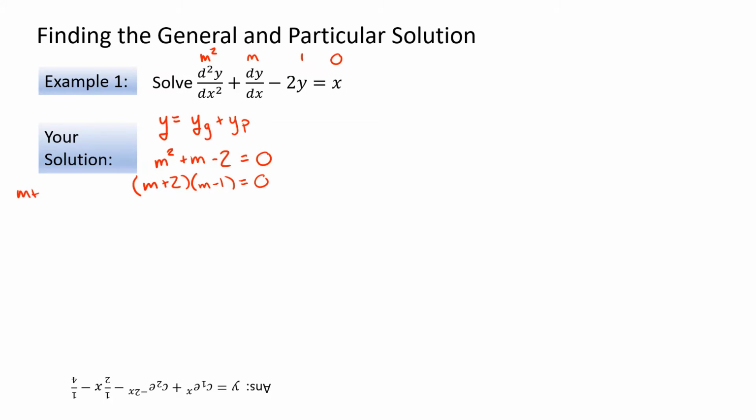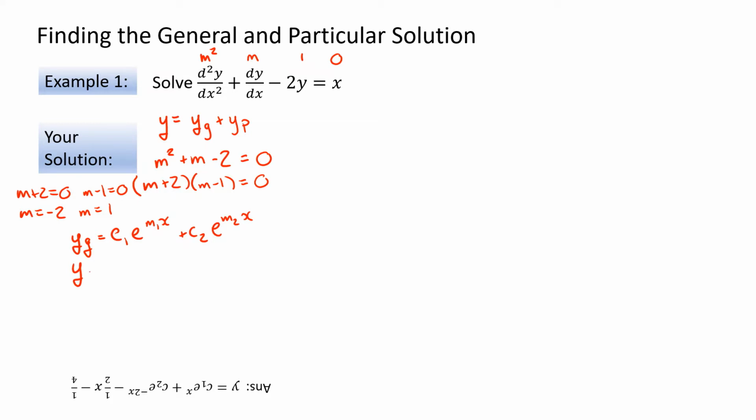So m plus 2 is equal to 0, or m minus 1 is equal to 0. Remember, because one of those 2 sets of brackets has to be equal to 0. So m is either negative 2 or 1. So our general solution is then, remember, because these are real roots that are distinct, it's c1 times e to the m1x plus c2 e to the m2x.